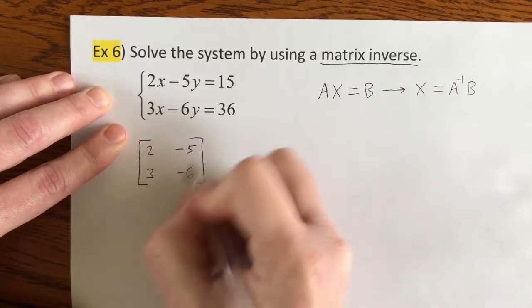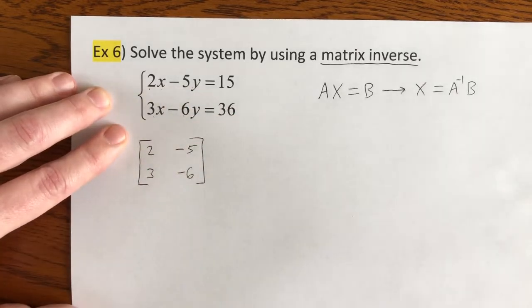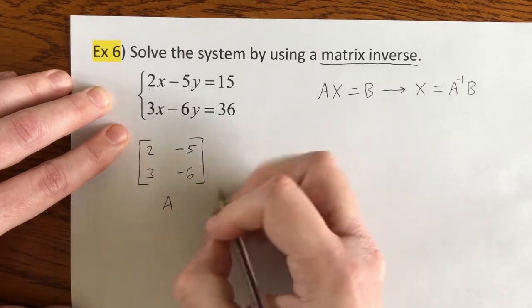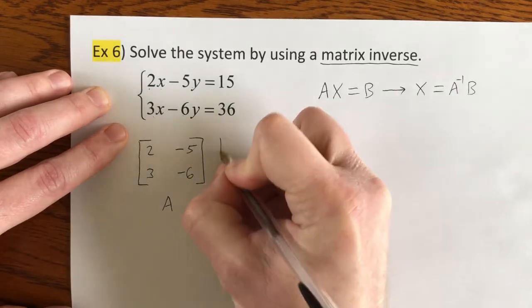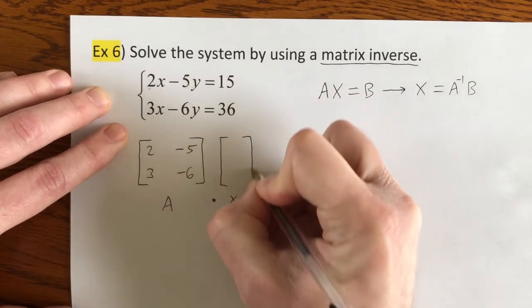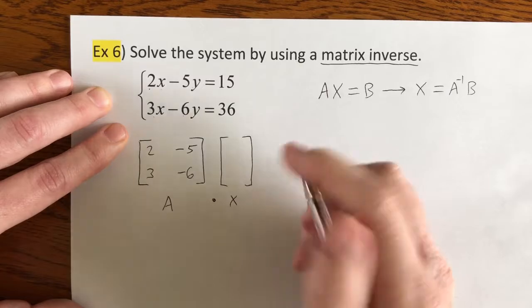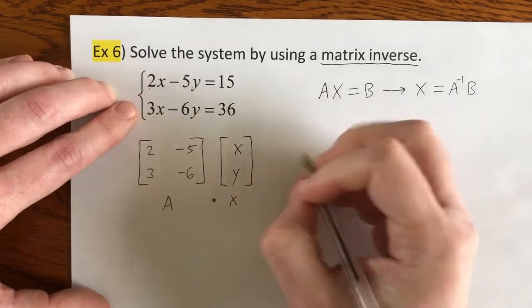These values are coming from the coefficients of your variables X and Y. This is matrix A. We're going to be multiplying this by matrix X. Matrix X is actually what we're solving for. This matrix represents your unknowns, in this case your variables X and Y.